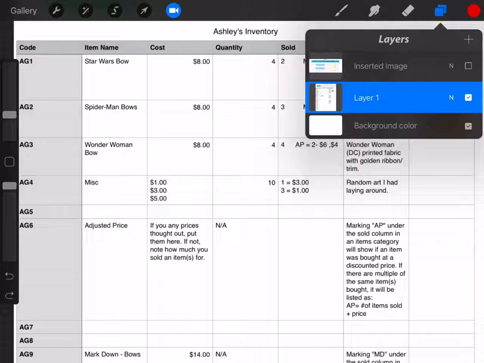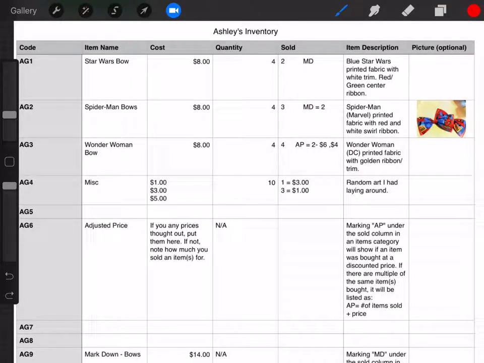Now, you didn't realize they picked up a Spider-Man bow for whatever reason. They take it to the register with that little slip. The slip says AG4, miscellaneous, $1, and hopefully the cashier's paying attention and catches the item. If not, if nobody's paying attention because they have the $1 item written on that slip, they're going to ring them up for $1.